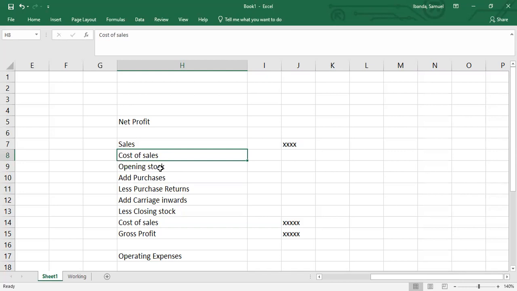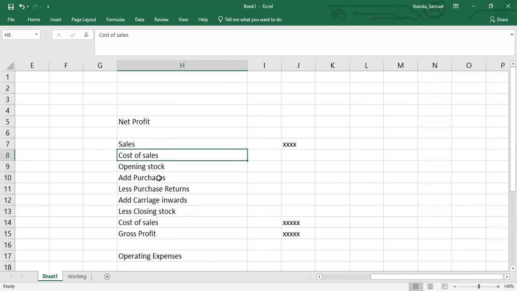Now, remember, cost of sales is opening stock, add purchases, less closing stock. It means that the higher the purchase value, the higher the cost of sales, because it's opening stock, add purchases.